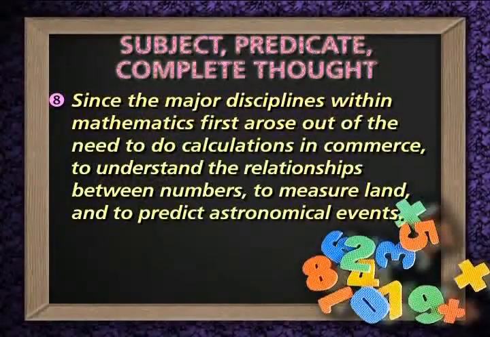Number 8, since the major disciplines within mathematics first arose out of the need to do calculations in commerce, to understand the relationships between numbers, to measure land, and to predict astronomical events. I made this one a little bit tricky. Sometimes we assume, incorrectly often, that if a sentence is very long, it must indeed be a sentence because it has so many words.